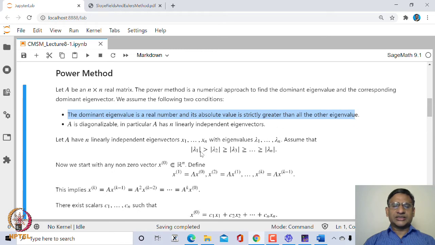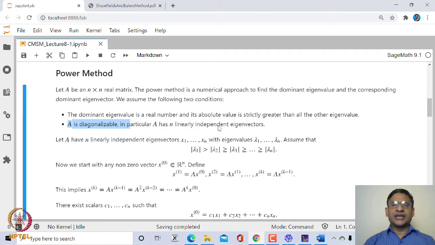So, in case lambda 1, lambda 2, ..., lambda n are eigenvalues of A, then modulus of lambda 1 is strictly bigger than modulus of lambda 2, which is bigger than or equal to modulus of lambda 3 and so on. That is the assumption, where lambda 1, lambda 2, ..., lambda n are eigenvalues arranged in decreasing order. The second assumption on A is that A is diagonalizable. In particular, A has n linearly independent eigenvectors and they form a basis of R^n.